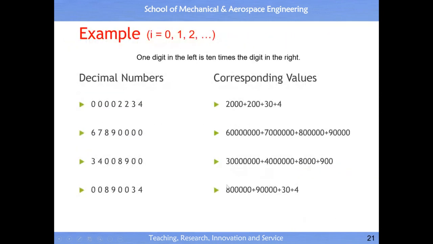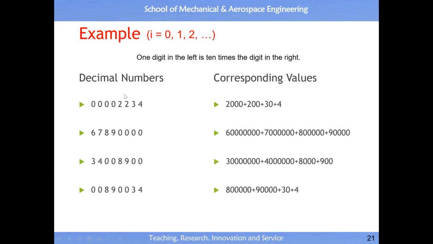Okay, so these are the positions on the left hand side of the decimal point. So it's position 0, 1, 2, 3. Then the value represented by these digits should be equal to the value of the digit itself times the value of the digit's position. So it's 2 times 10 raised to the power 3.